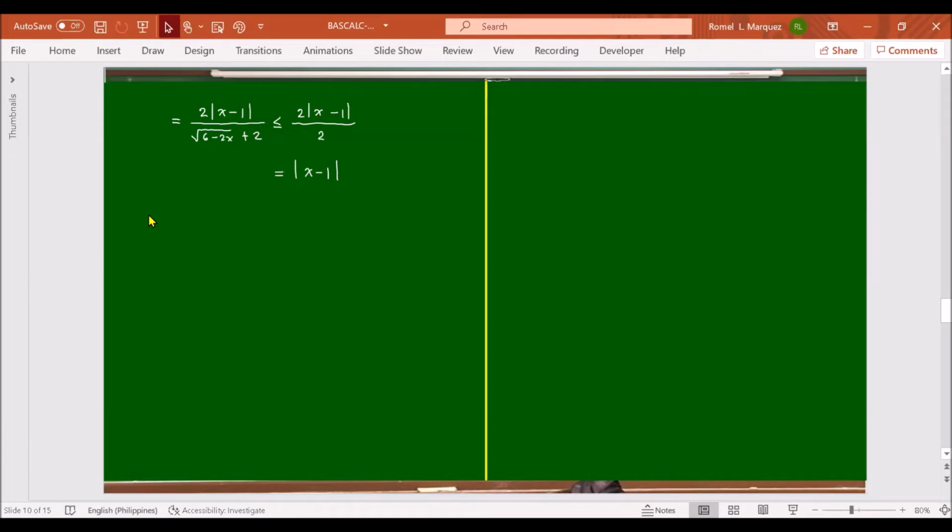So we let absolute value of x minus 1 be less than epsilon. Okay, guys? Therefore, our delta is equal to epsilon.